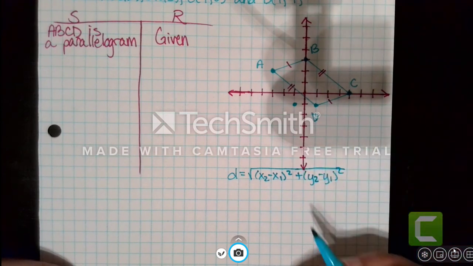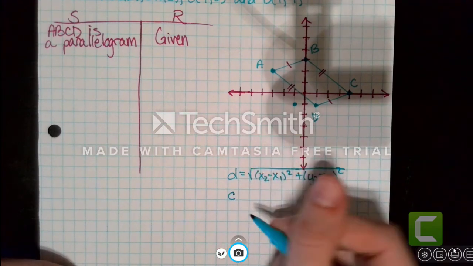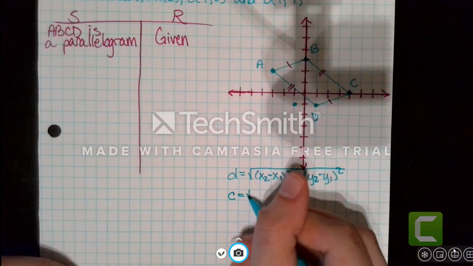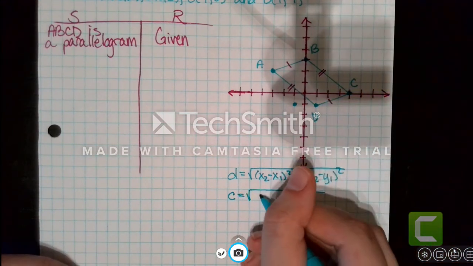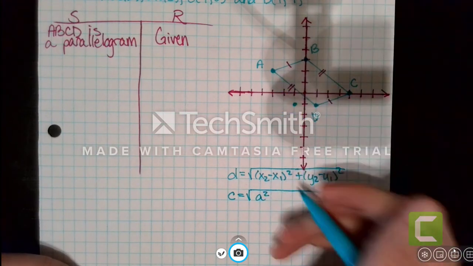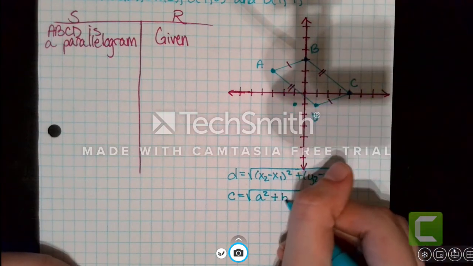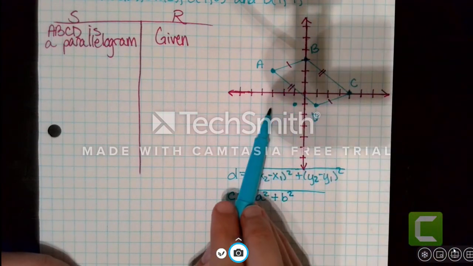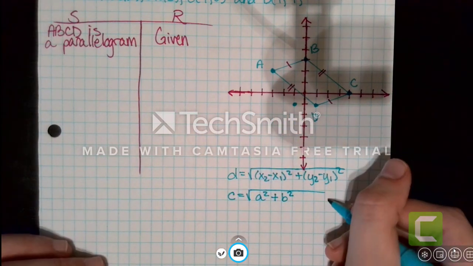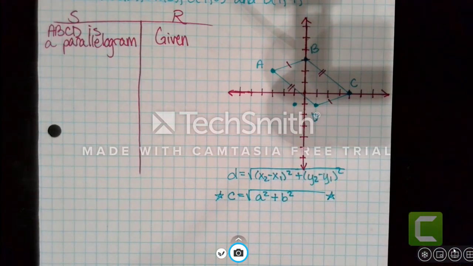Or you could do it with the Pythagorean theorem, where you could say side c, or your hypotenuse of the side, is equal to the square root of a squared, which is your vertical change, or your height of the triangle, plus b squared, which would be your horizontal change, or the base of your triangle. I typically tend to stick with the Pythagorean theorem because it's easier to write and visualize.